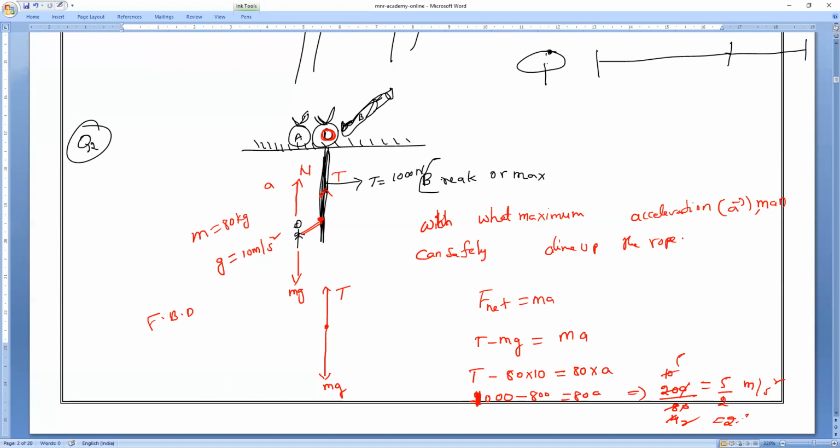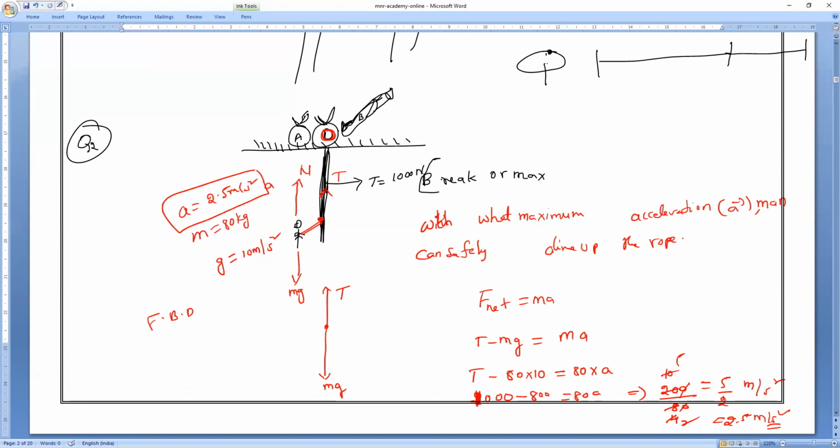So 5 by 2 means what, guys? 2.5 meter per second square. So if he goes with this acceleration, 2.5 meter per second square, is there any break in the string or can he climb up?